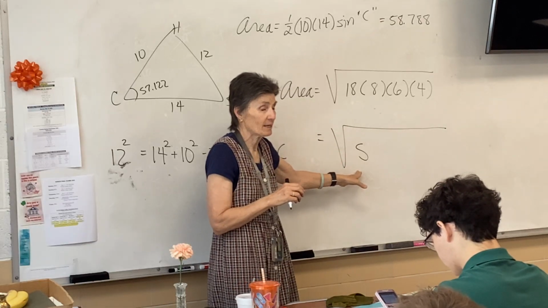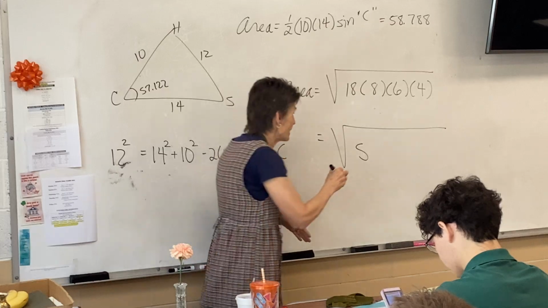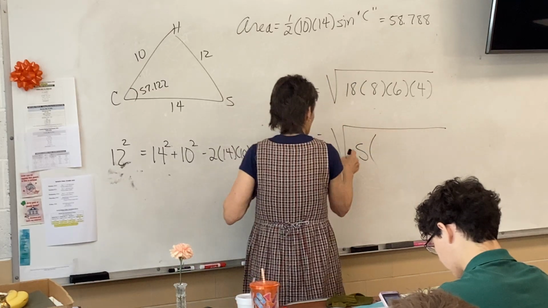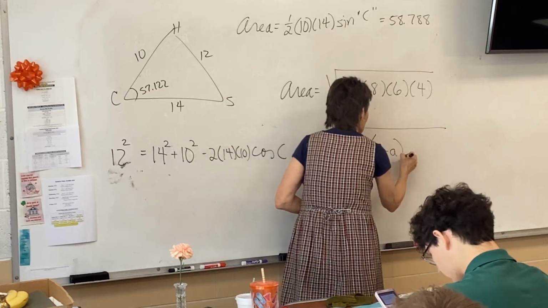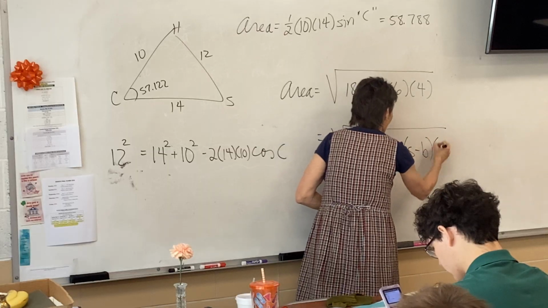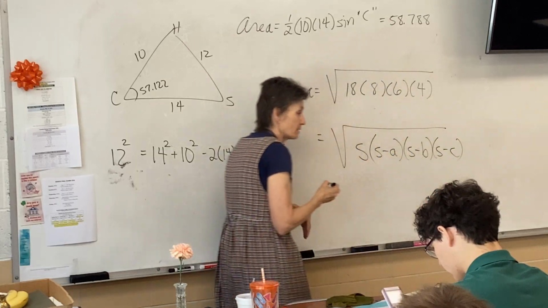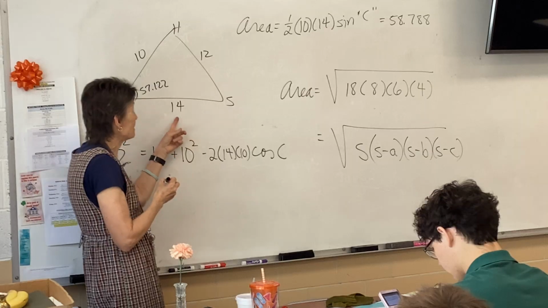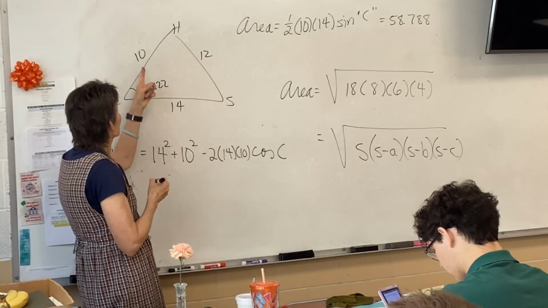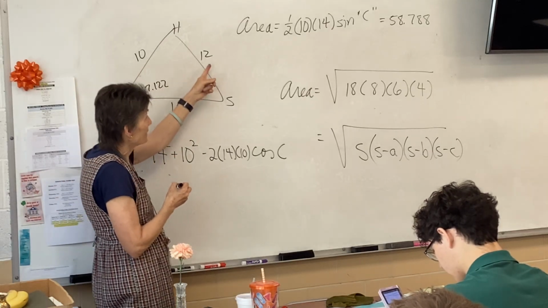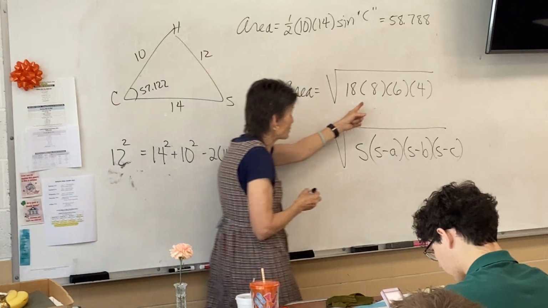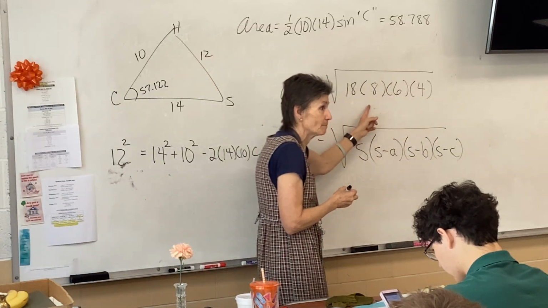There's the half right there, okay? Then take that semi-perimeter minus each side of your triangle. So I took 18 minus 14, 18 minus 10, 18 minus 12. That's where these numbers came from.